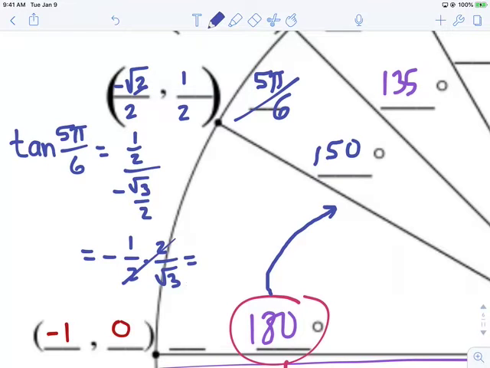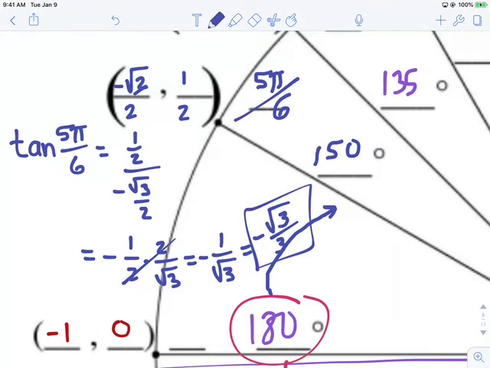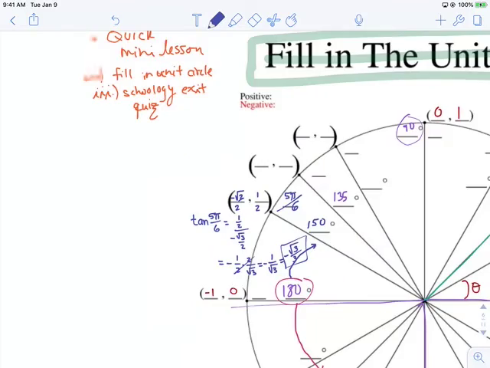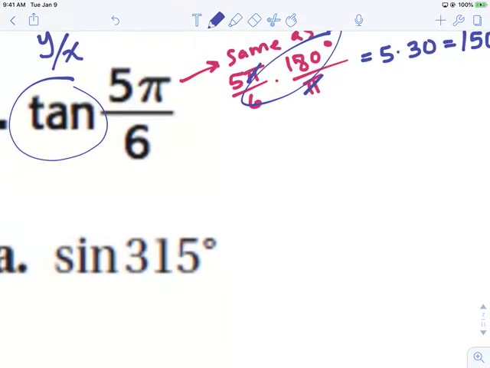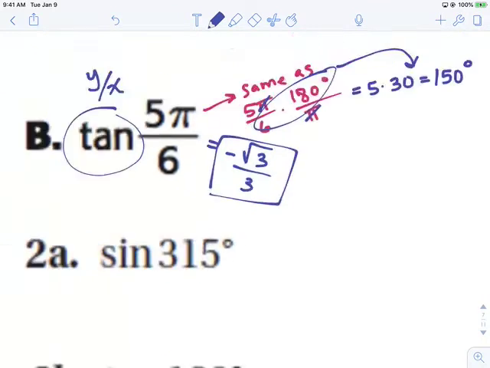So the 2's cancel. Negative 1 over root 3. Negative root 3 divided by 3 is my answer for tangent of 5 pi over 6. So this is equal to negative root 3 over 3. Check with your calculator to verify.